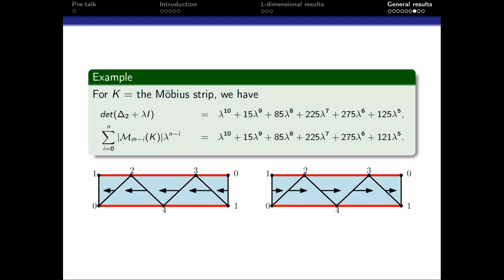This 4 comes from possible assignments of flows, but remember that this is a Mobius band. When you glue them together, you may encounter a cycle, and that's something you don't want, because we want something that looks like acyclic matchings.